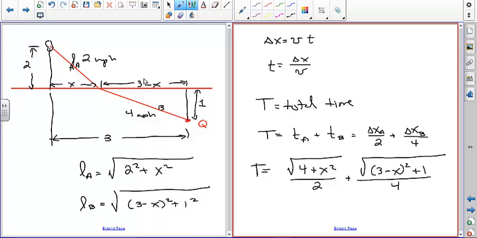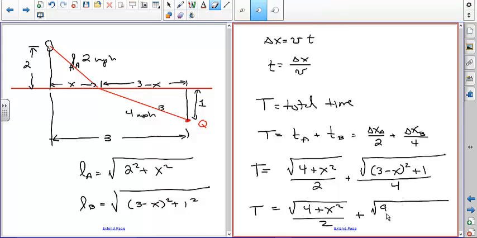So before we take any derivatives though, let's take the second term and just multiply it out. So if we multiply this out, we'll get 3 squared plus 1, which is 9 plus 1, which is 10. So I'm just going to put 10 in there. So you get 10 minus 6x plus x squared, all divided by 4.